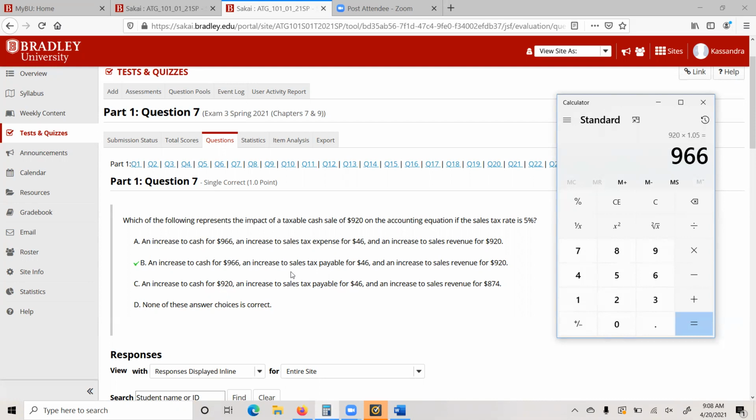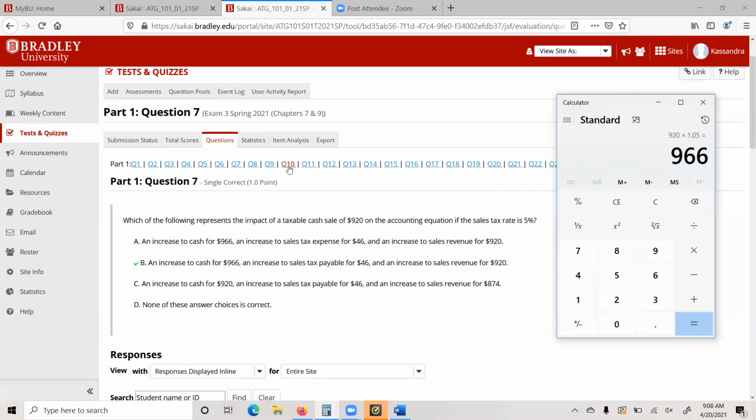So the cash sale, $920, would be sales revenue. So that much is the same in either B or A. Increase to cash, $966. That's the same for B or A. And the increase is to sales tax payable, not an expense. So that makes the answer B and not A. So the answer to 7 there was B.